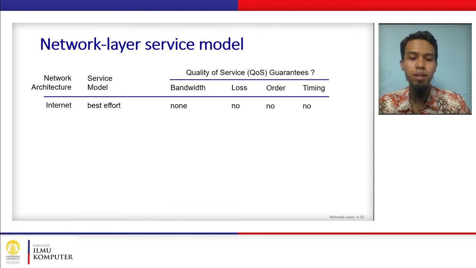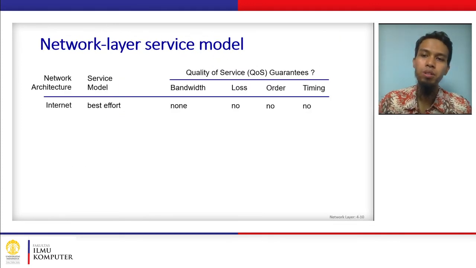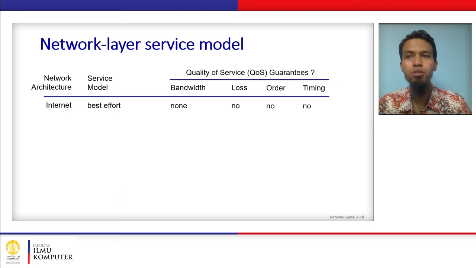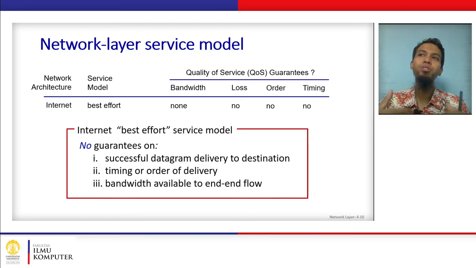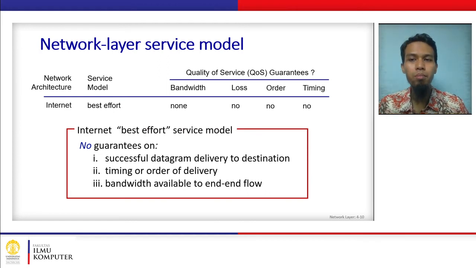All right, so now we'll talk about the network service model. Although there are different types of service models in the network layer, the most common one is the internet best effort service model. In this service model, there is no guarantee on successful datagram delivery, unlike TCP, for example.